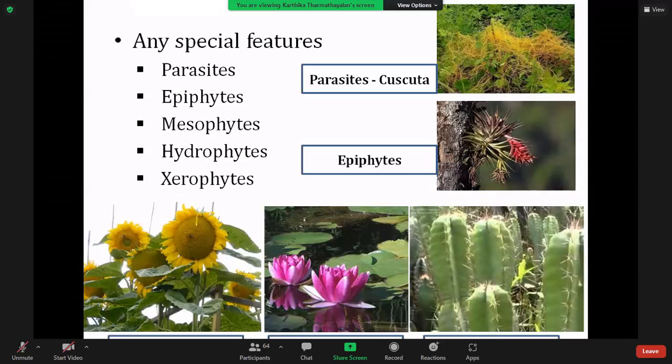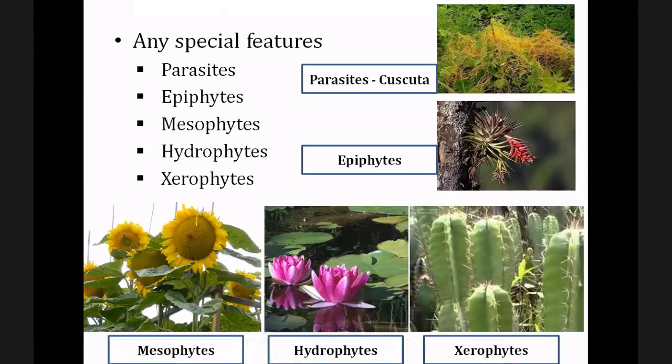The parasites. Parasitic plants live on another plant, which we call the host plant. These parasitic plants absorb the nutrients from the host plant.